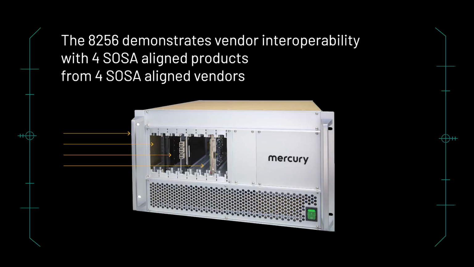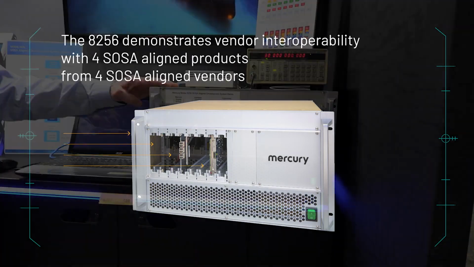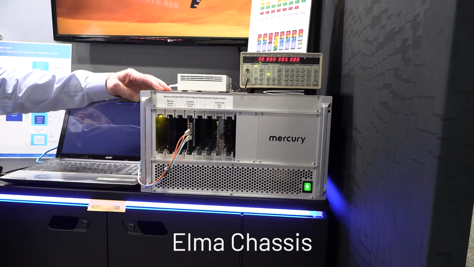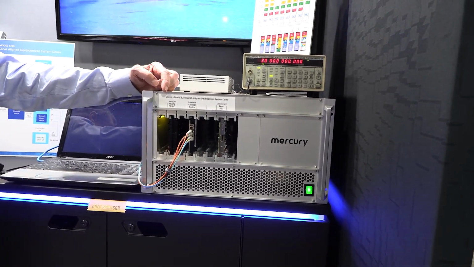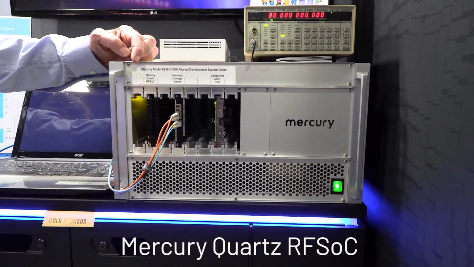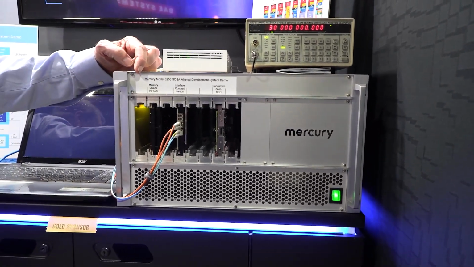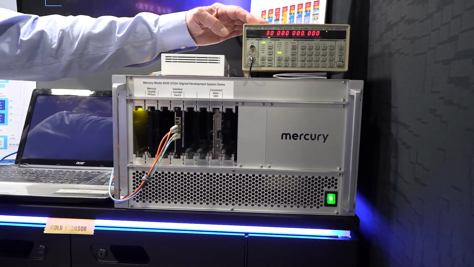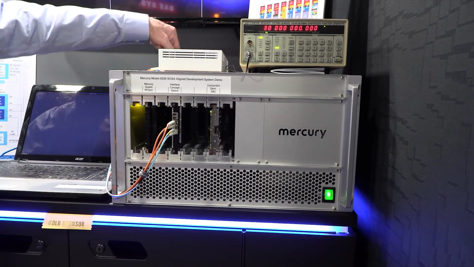The first is an ELMA chassis that's a 3U 8-slot backplane chassis. In the first slot, we have a Mercury RFSoC model 5550 that acquires digital samples coming from a signal generator that's being connected through the backplane.